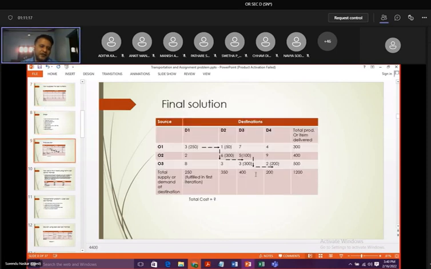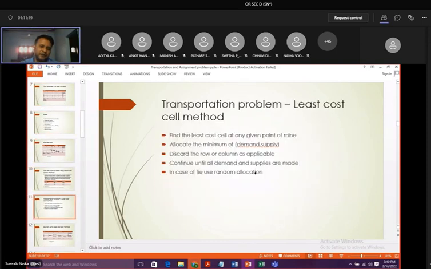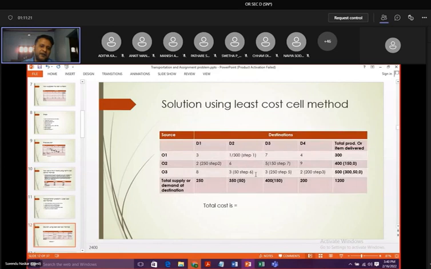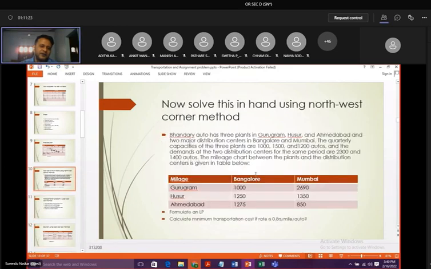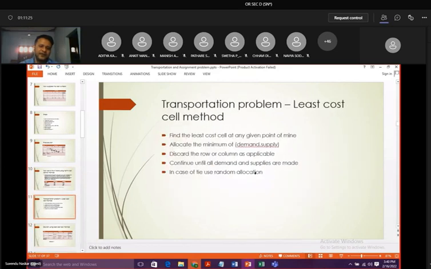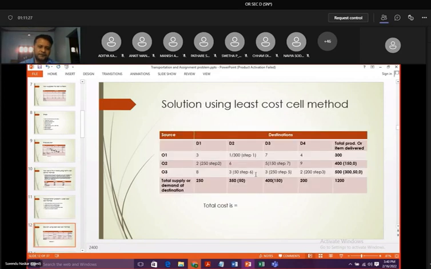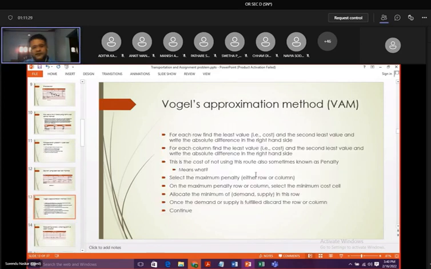Now, a question for those who have never done VAM in their entire life: how can we use those penalties to calculate some basic feasible solution?